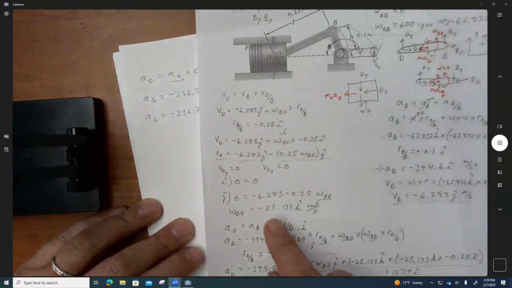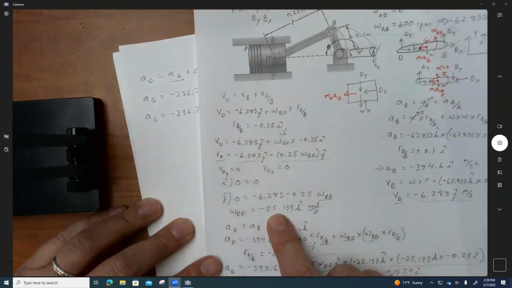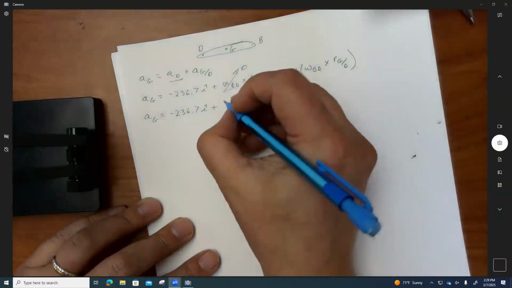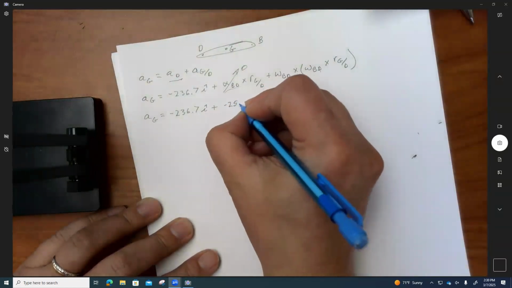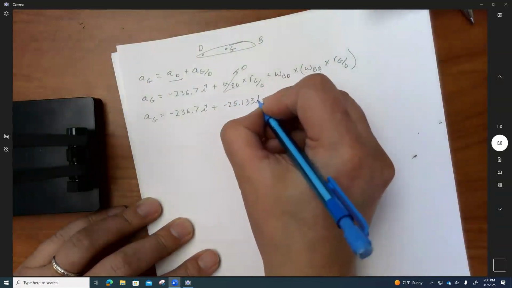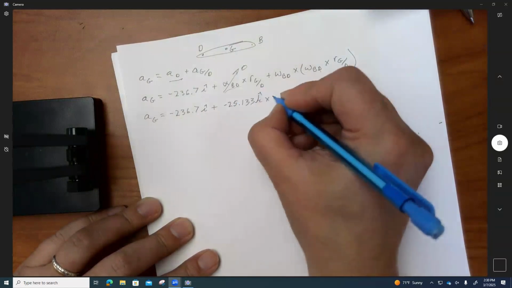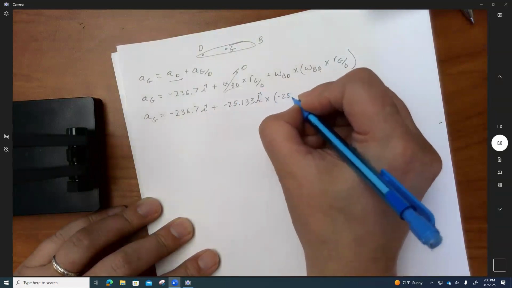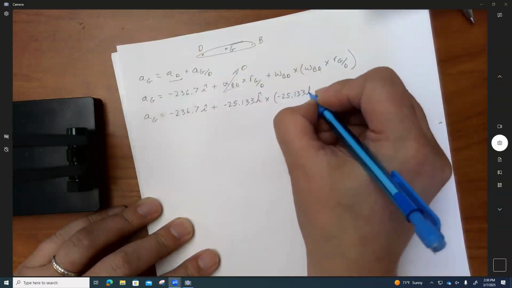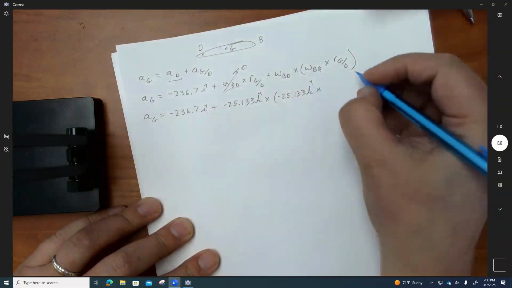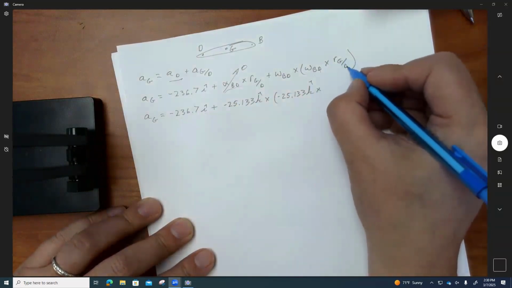So go back, look at what omega BD was. It was minus 25.133 k, crossed with minus 25.133 k, crossed with r of G relative to D.